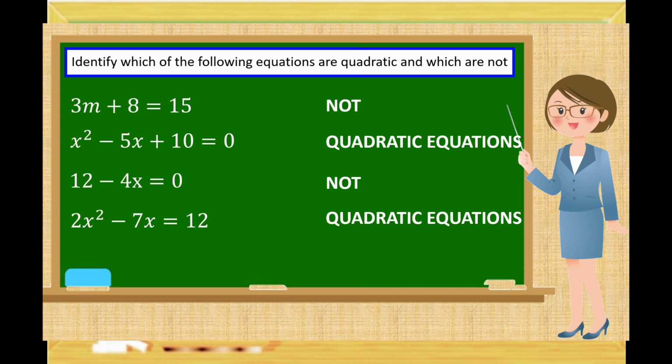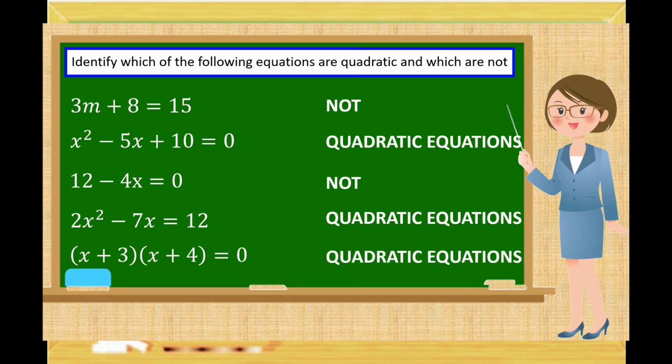Number 5. The quantity x plus 3 times the quantity x plus 4 equals 0. Is it a quadratic equation or not? Answer is quadratic equation. But why? Kung mapapansin nyo mga ka-happy math, wala naman tayong napansin na exponent o degree na 2.